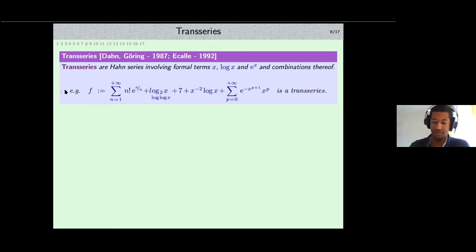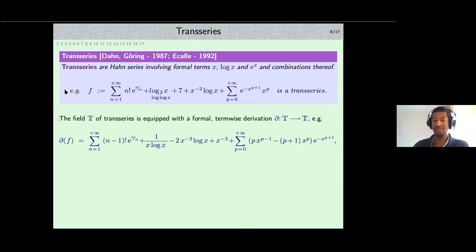They also have, quite importantly for us, a derivation, which is a formal derivation. So to see how it works, you just take the series here, and you differentiate each term in the intuitive way. So this one will be differentiated as this one. This one will be differentiated as this one, and so on. So this is cancelled. And so you commute with those infinite sums here.